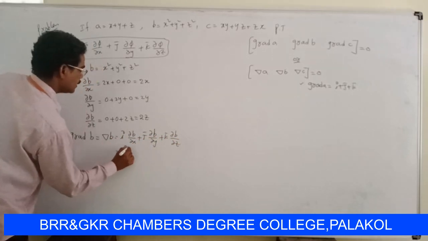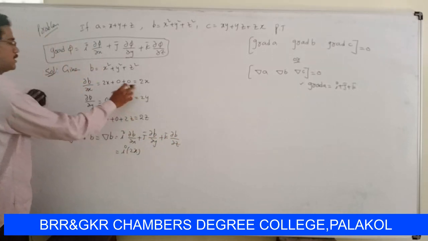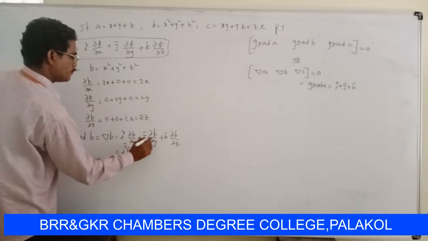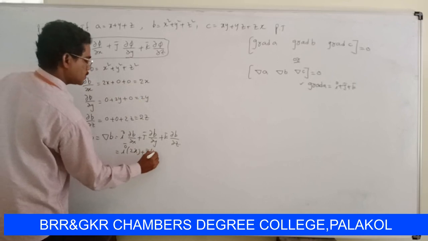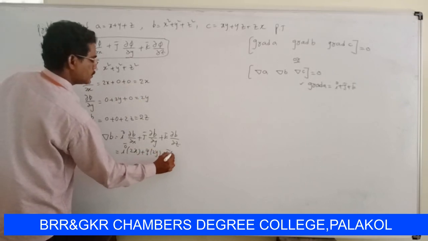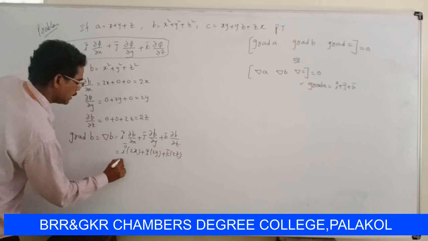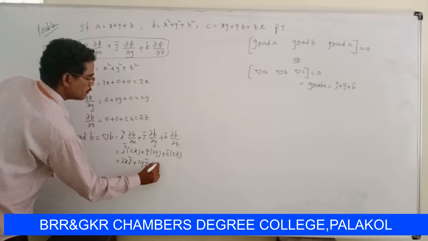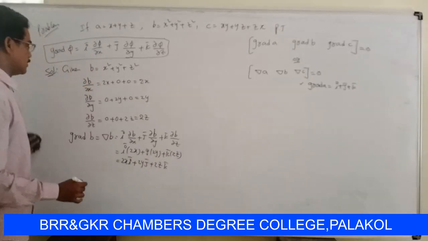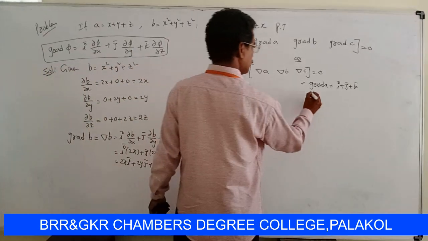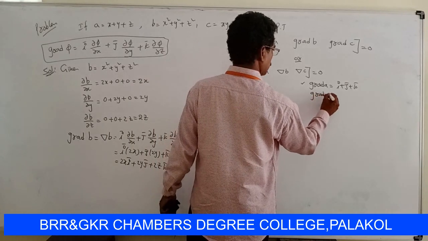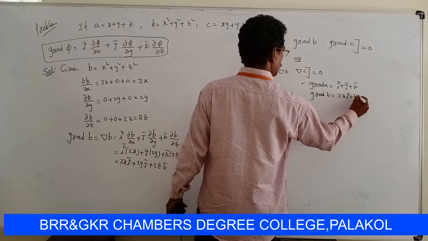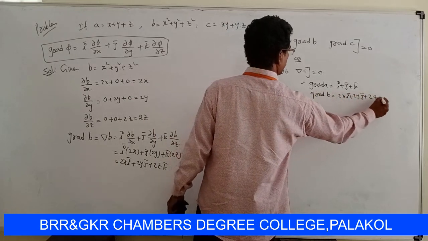This is i into 2x, that means dou b by dou x is 2x, plus j into dou b by dou y means 2y, plus k into 2z. So finally 2xi plus 2yj plus 2zk. So this is the value of grad b. Grad b equal to 2xi plus 2yj plus 2zk.